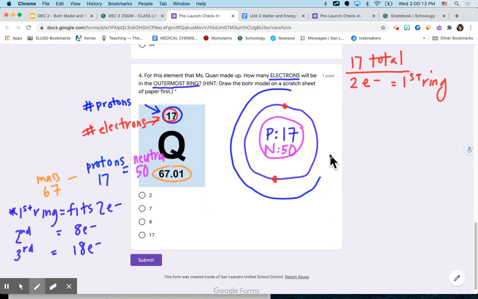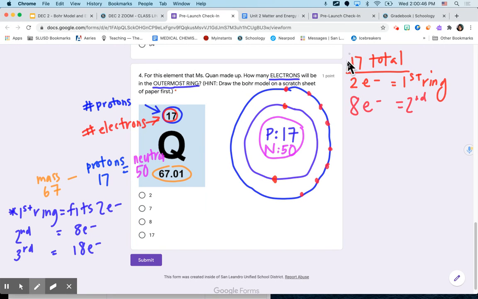So in this second ring, I can fit 8 electrons. 1, 2, 3, 4, 5, 6, 7, 8. So here I've drawn 2 plus 8 electrons, giving me 10 electrons.